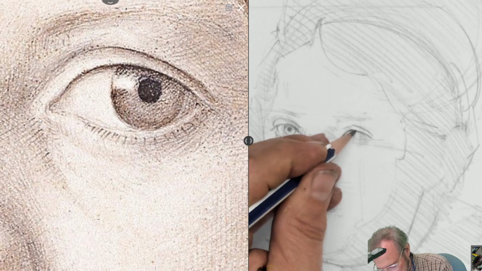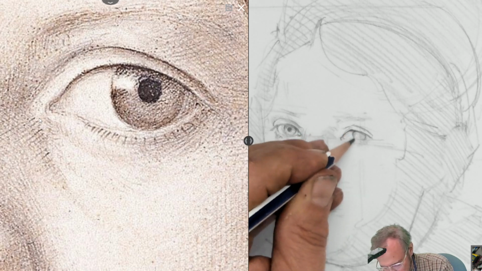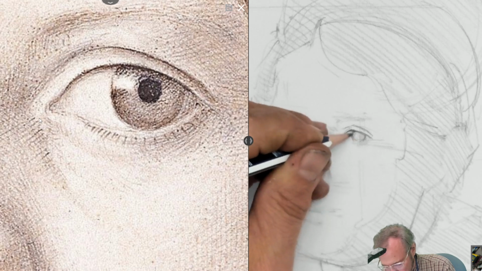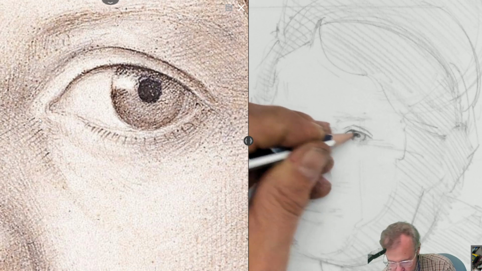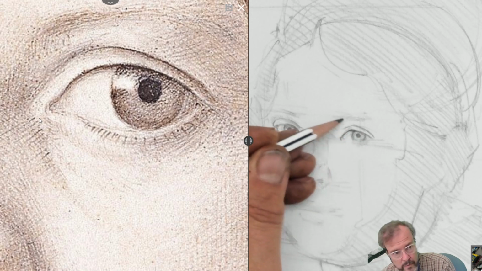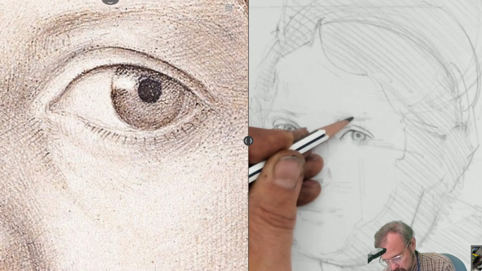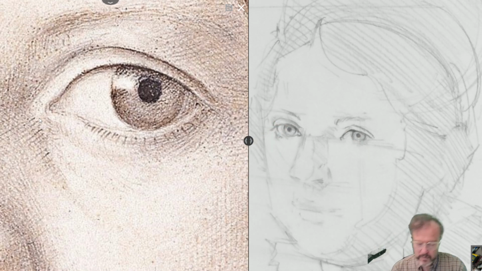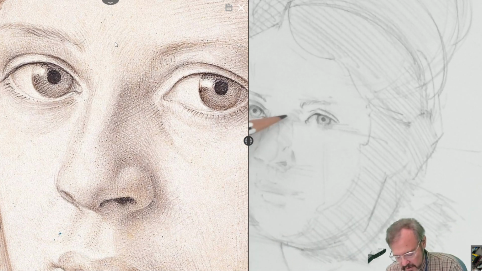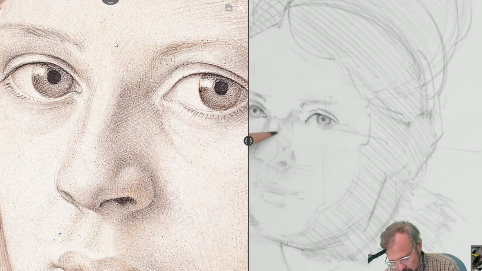We need to wrap this up in 10 minutes, so let's stay focused here. And now we're going to get a little more definite on the shape of these shadows and halftones around the nose and this eye socket.